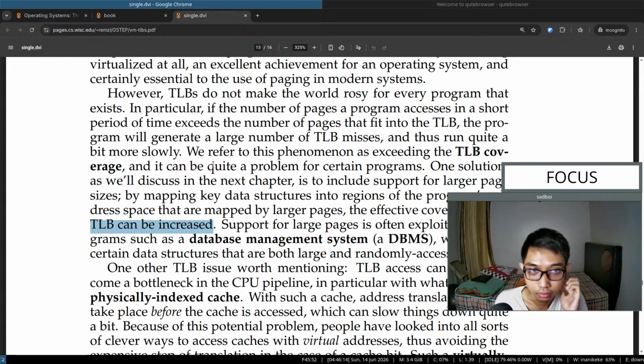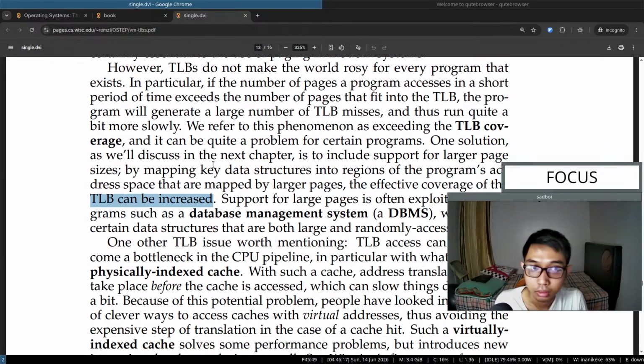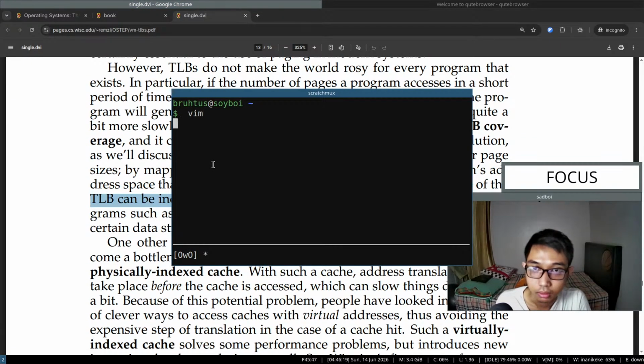Exceeding the TLB coverage. Let me take note of that.